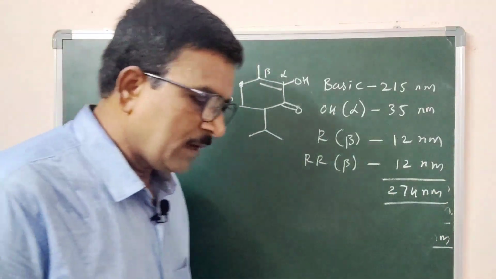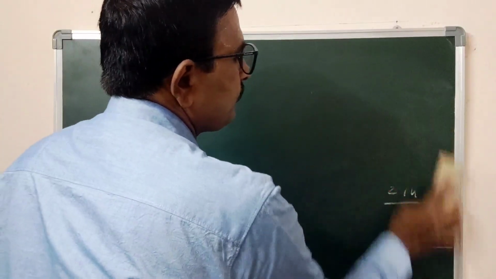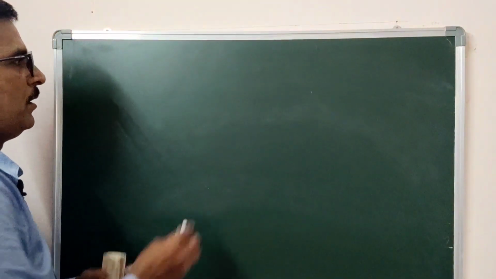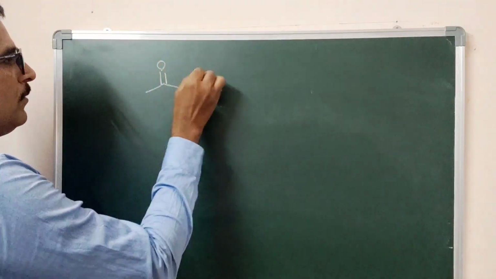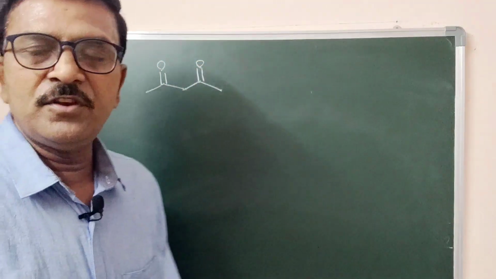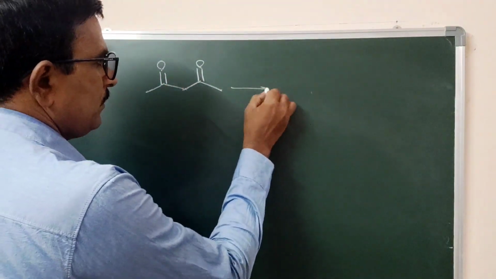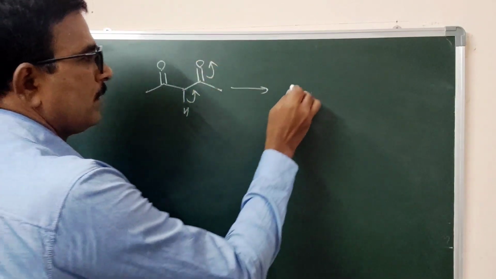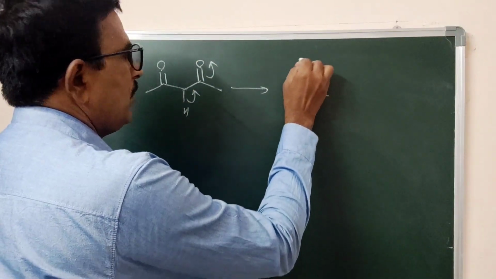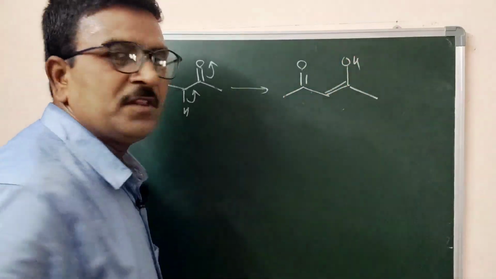Not only that, we can also calculate in open chain systems. Now you can check open chain system. Say acetyl acetone, it is 1,3 diketone. C double bond O, double bond, this is OH, CH3.